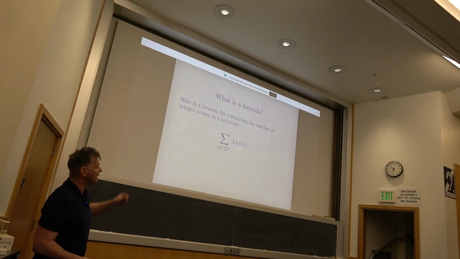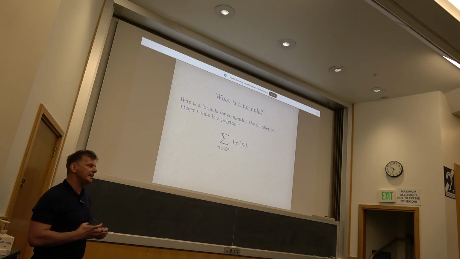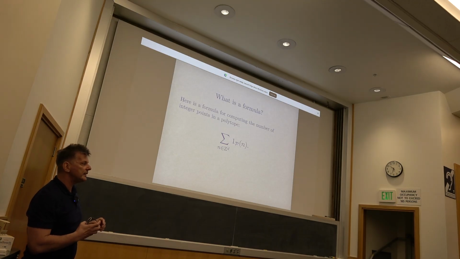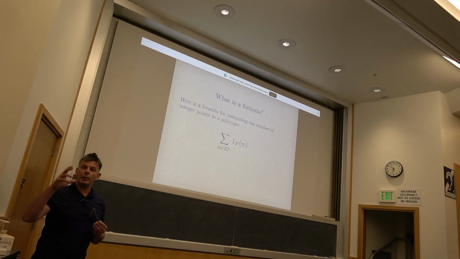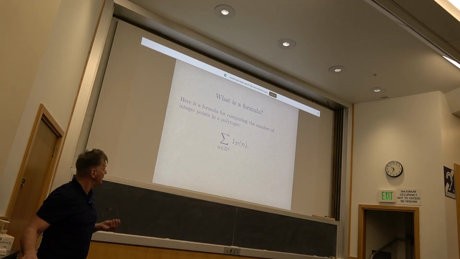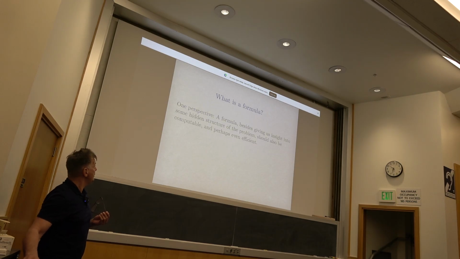And so here's a formula, I just add 1, and so that's a formula, right? And so it is a mathematical joke, but it's important in some sense to ask what is a formula? So if you just add 1 for every integer point, you get a formula, but that's not very useful. It's accurate, but not very useful.